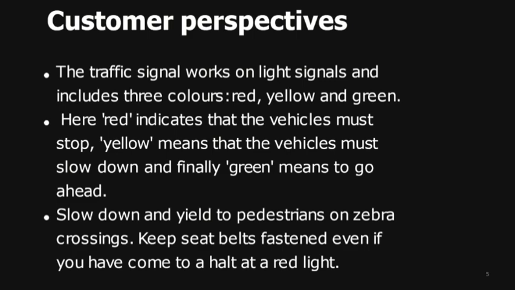Next, the yellow light indicates the vehicle must slow down. And finally, the green light gives the signal to vehicles to go ahead. Also, seat belts are mandatory and should be kept fastened even if you have come to a stop at a red light.